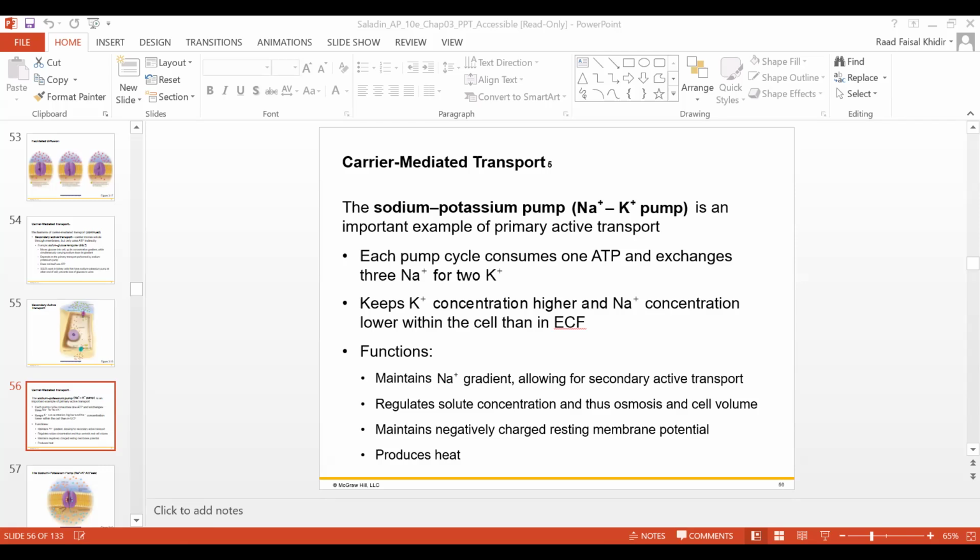Now look at what the sodium potassium ATPase does. It will send three sodiums outside and bring two potassiums inside.